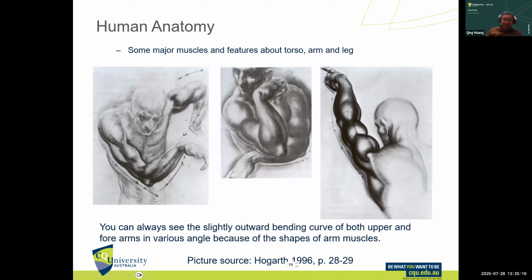One of the traits summarized is that you can always see a slight outward bending of the curve of both the upper arm and forearm in various angles because of the shape of the muscle group. So whenever it's bent or stretched, you always see this sort of feature on the human form that suggests it's a human form.